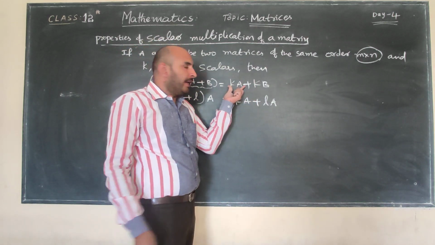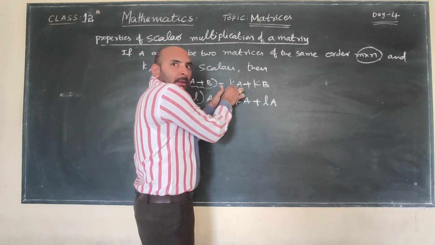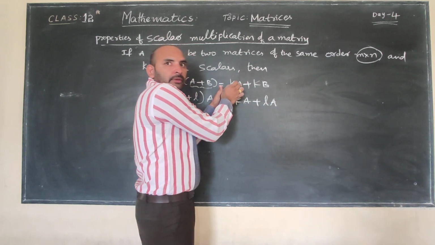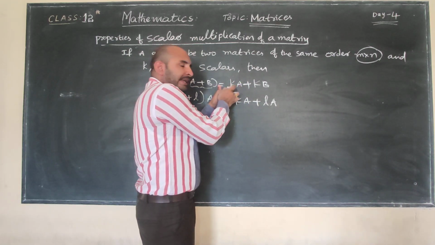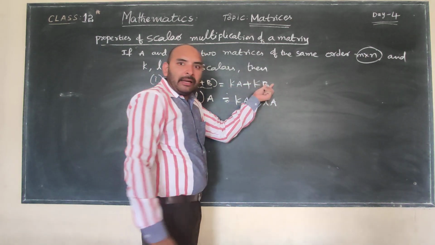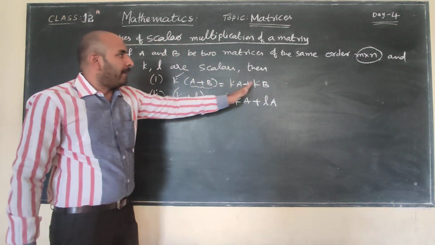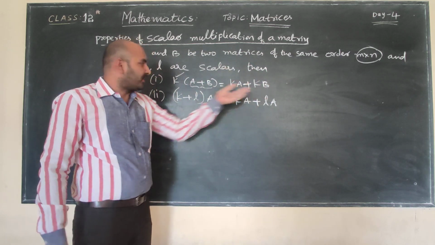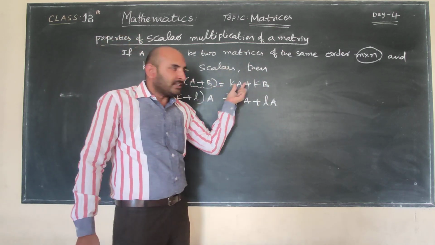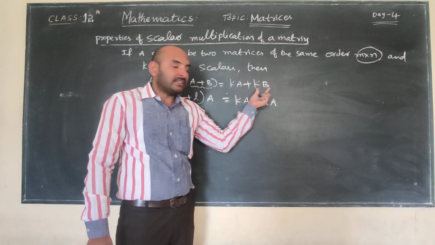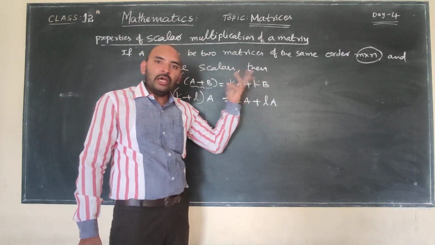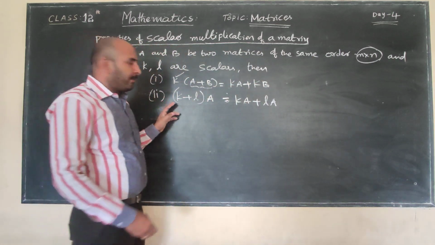It is a scalar multiple of matrix A by K, and B is another matrix multiplied by K. KA plus KB is also one matrix. KA is one matrix, KB is another matrix, then the addition of these two matrices is also a new matrix.